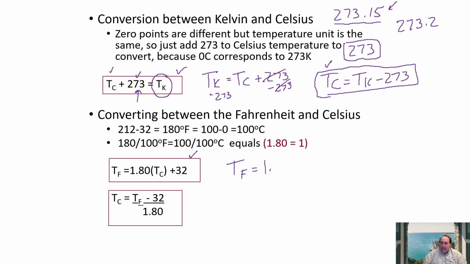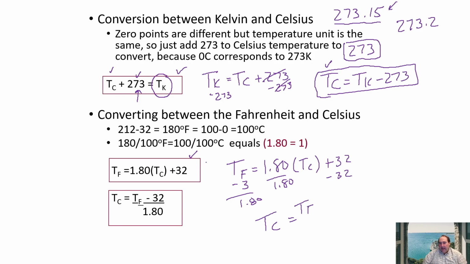And that means if you want the temperature in Celsius and you have Fahrenheit, we're going to subtract the 32 from both sides and then divide by the 1.8. And that's going to give us what we see there. Temperature in Celsius is the temperature in Fahrenheit minus 32, divided by 1.8.